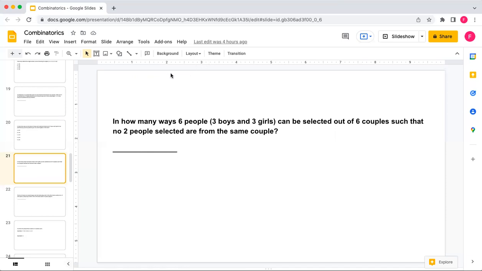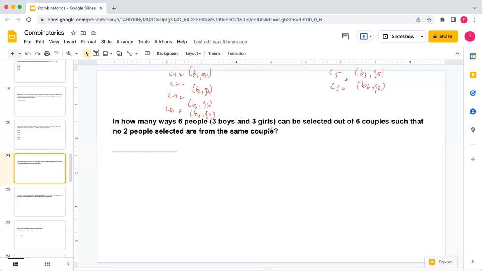Okay, we have 6 couples, for example C1, C2, C3, C4, C5, and C6, with boy 1, girl 1, boy 2, girl 2, boy 3, girl 3, boy 4, girl 4, boy 5, girl 5, and boy 6, girl 6, just to make things a bit clear.